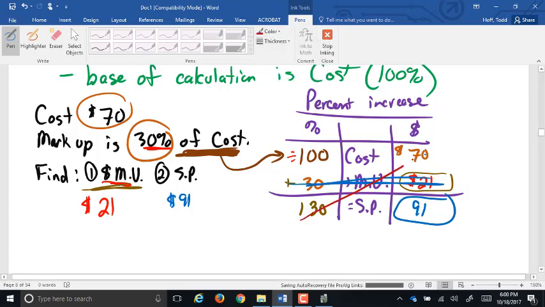So I'd cross multiply 130 times 70 divided by 100, which is 91. So there's two ways I can figure it out. I always figure it out with the cross multiply and divide, and then I double check by adding to make sure they add up. Let's look at some more examples.